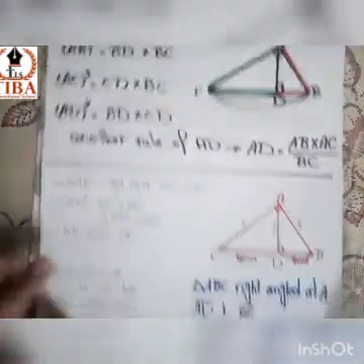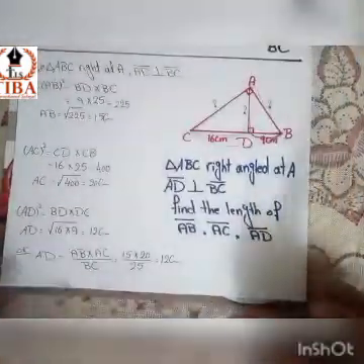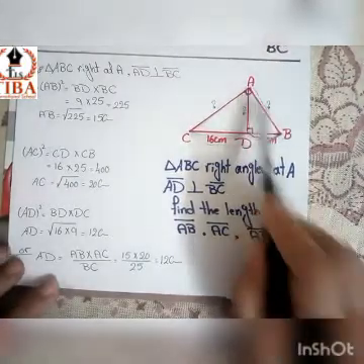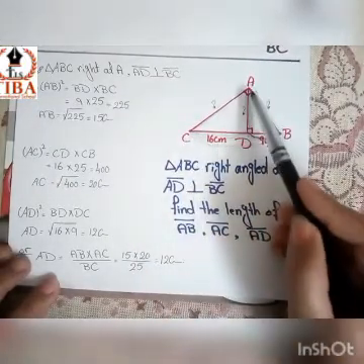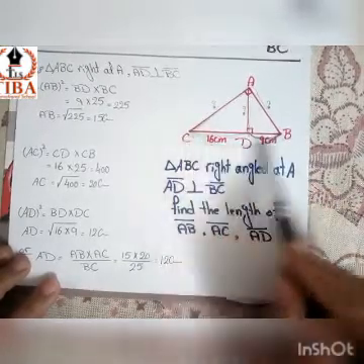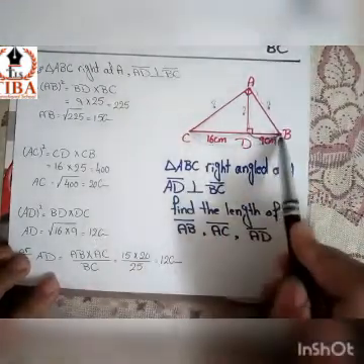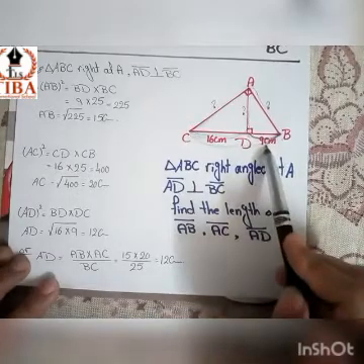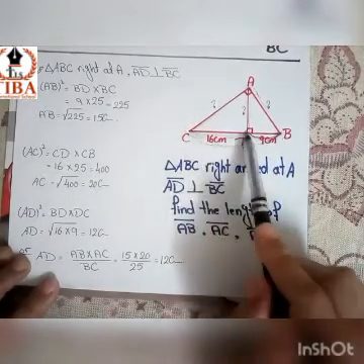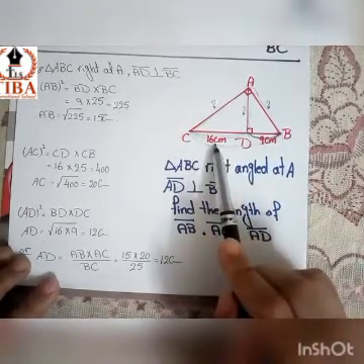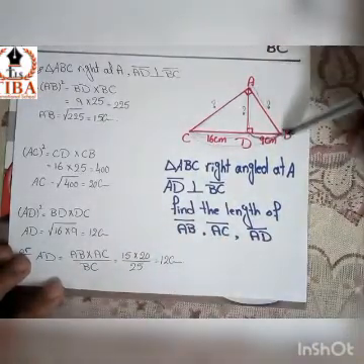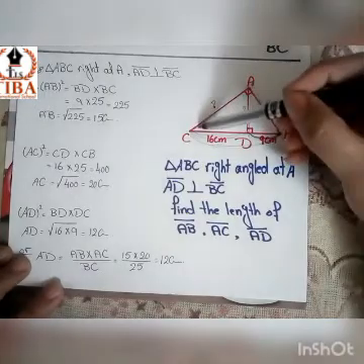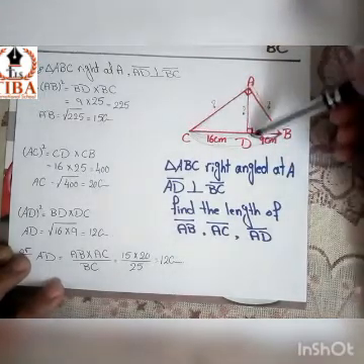Let's take an example. If we have a triangle ABC right angled at A and AD perpendicular to BC, the length of BD equals 9 centimeters and the length of CD equals 16 centimeters, and we have to find the length of AB, the length of AC and the length of AD.